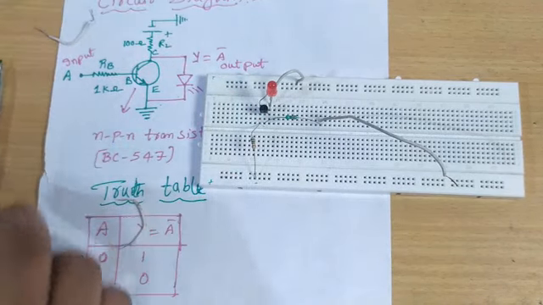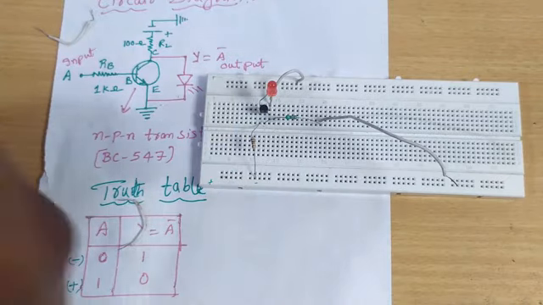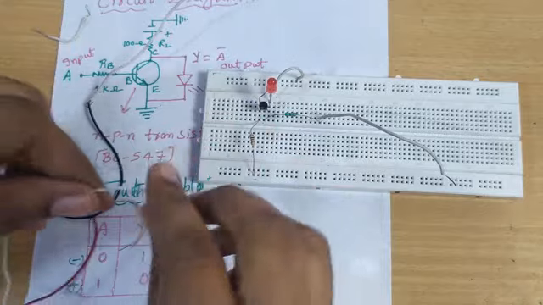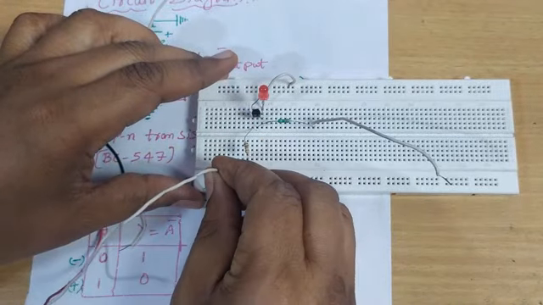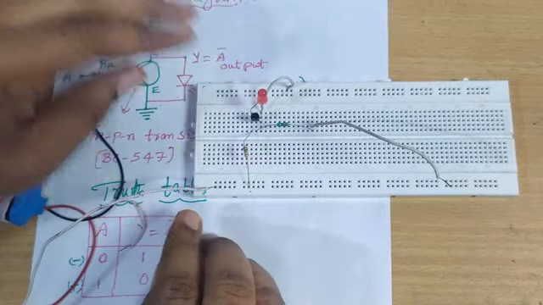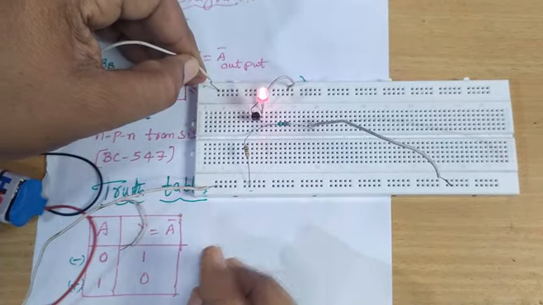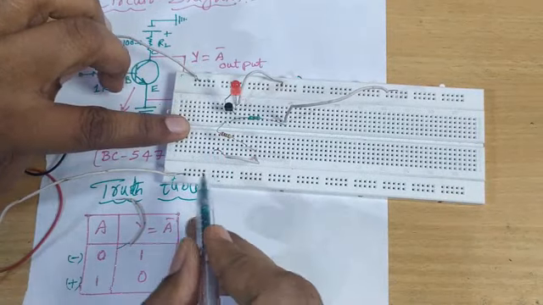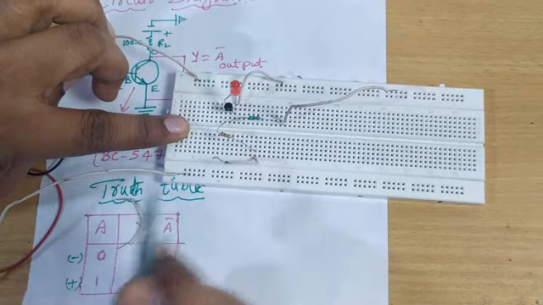Now I am going to connect the battery: the positive terminal on one side, and the negative terminal here. In this circuit, I am using this wire as a switch.